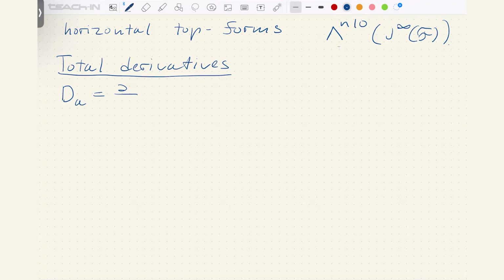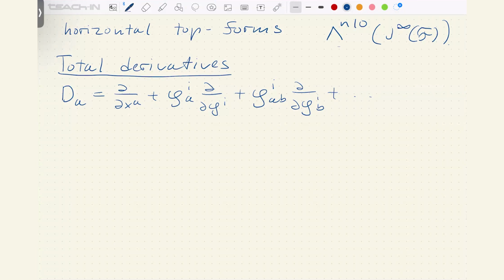Okay, good. D_A equals ∂/∂x^A plus φ^i_A ∂/∂φ^i plus φ^i_{AB} ∂/∂φ^i_B, etc. The pattern is clear, and in general this D_A contains an infinite number of terms, right? Because it goes on infinite jets, it goes higher and higher in derivatives.